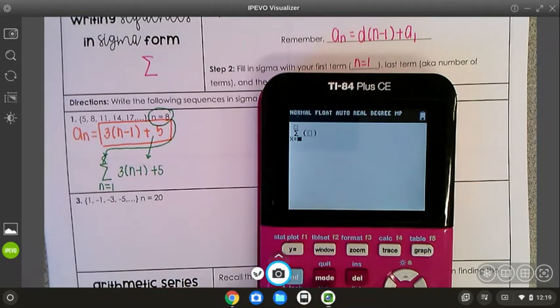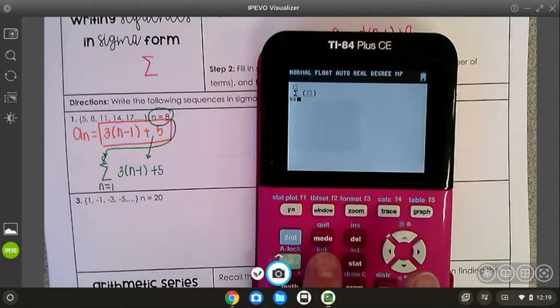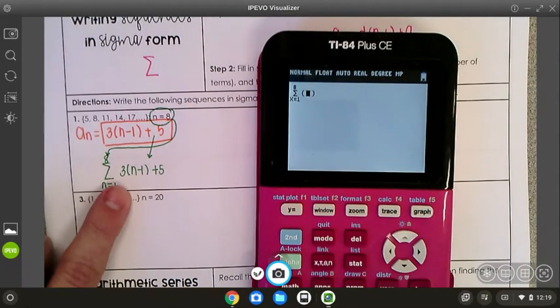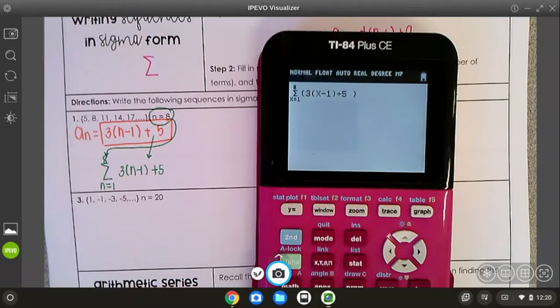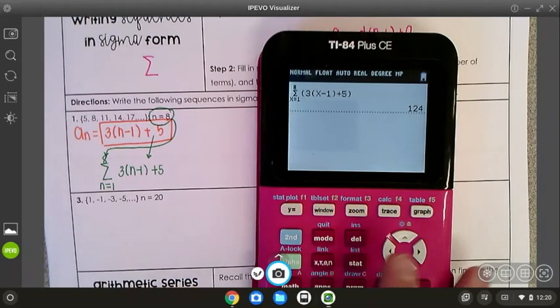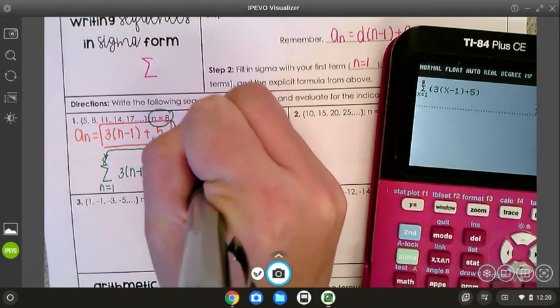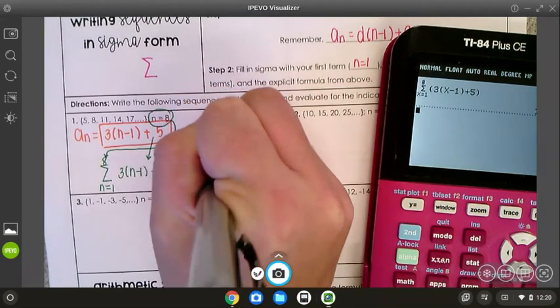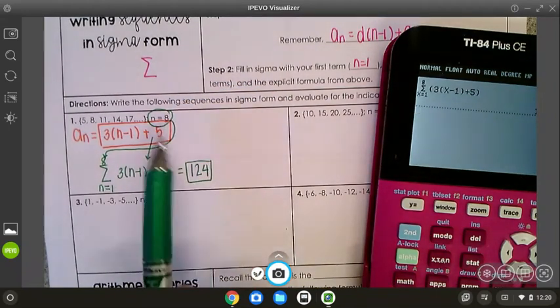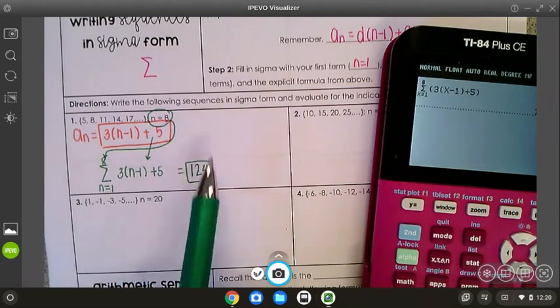It's just faster to hit this button right here and get your x. Okay, so in here we have 3. Then we're going to start our new parentheses, just like that. And we get 124. So this means that the sum of the first 8 terms is 124.